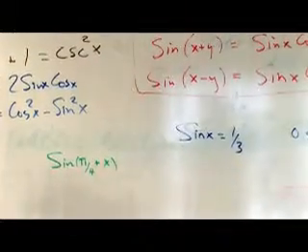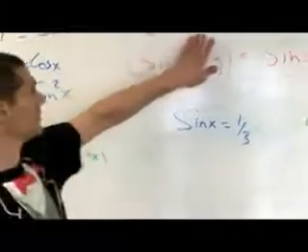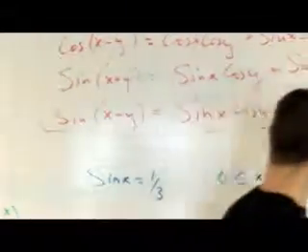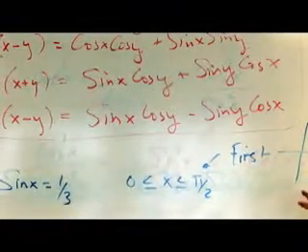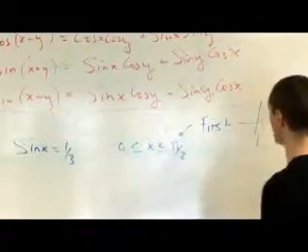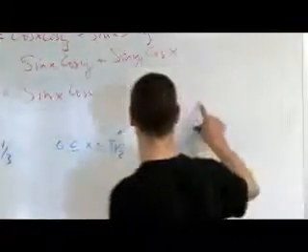Okay, so the first thing we're going to do is just go into the formula right away. Let's just use this and see what comes up. Then we're going to have a numerical value. So here's what we need to think about first. We're in the first quadrant. Sine of x is 1/3. Basically, if x stays in the first or the second quadrant, sine will still be positive.